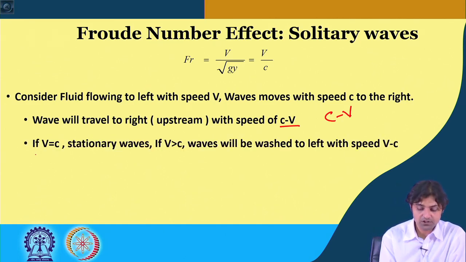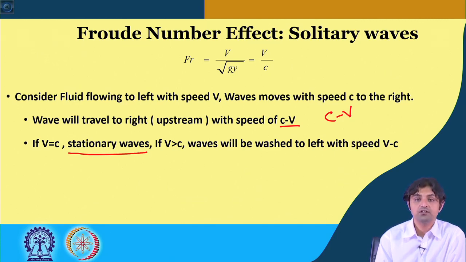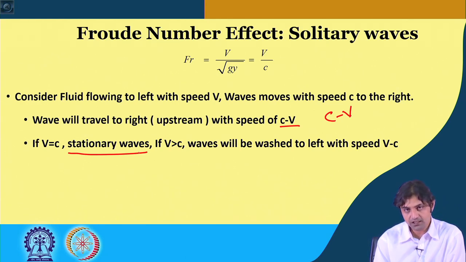If v is equal to c, then there will be formation of stationary waves, that means waves will not move at all, because whatever the speed of the wave is to the right, it will be cancelled out by the speed of the water flowing below it.